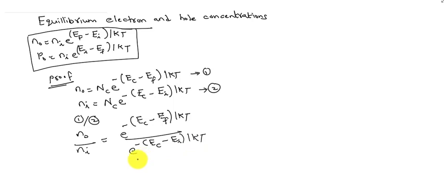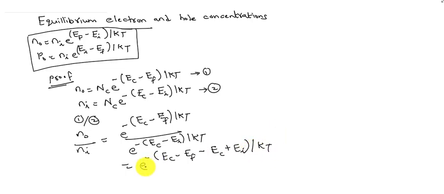Nc gets cancelled. Using the rule that e raised to x divided by e raised to y is e raised to x minus y, we get e raised to minus of (Ec minus Ef minus Ec plus Ei) by kT.